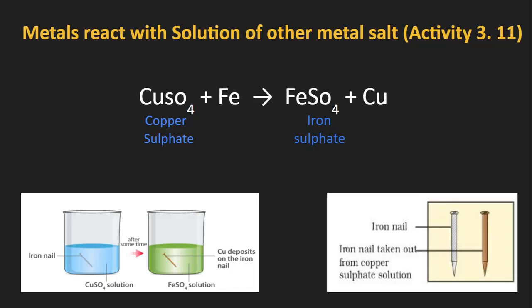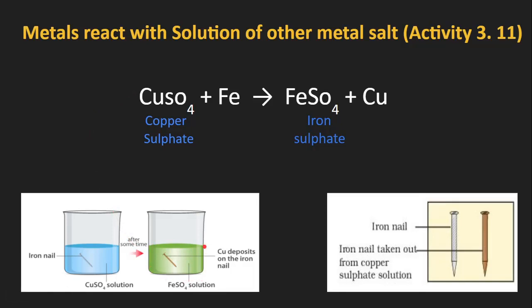Moving further, if it is kept for a few hours, a large amount of copper will be displaced from the copper sulfate solution and iron takes its place to form iron sulfate solution, which is green in color. You can observe the color of the iron sulfate solution, which is green.